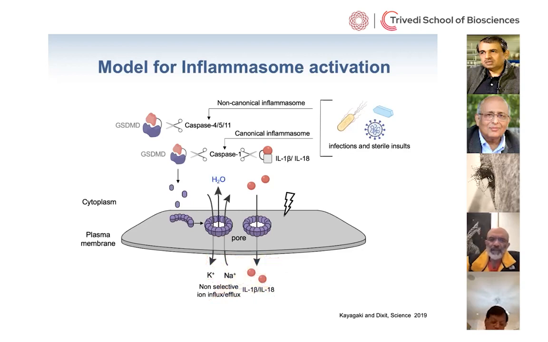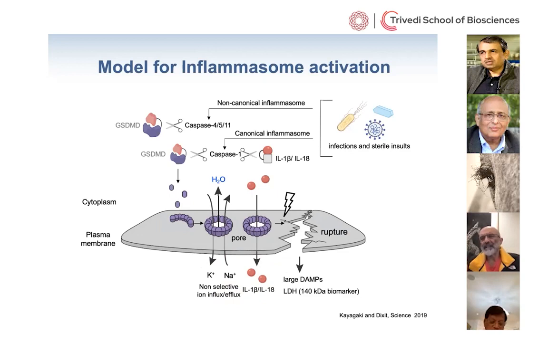But eventually, you get rupture of the cell membrane. And this rupture of the cell membrane allows much larger molecules to come out, and we measure cell death by the release of large molecules like LDH, which is about 140 kD. So this seemed like a very satisfying picture of the events that happened.